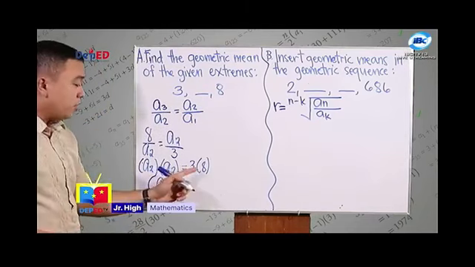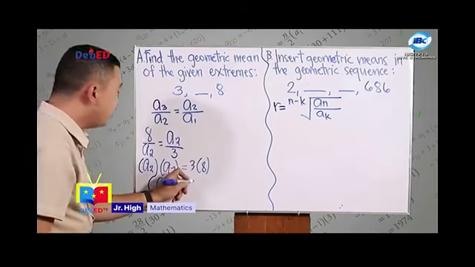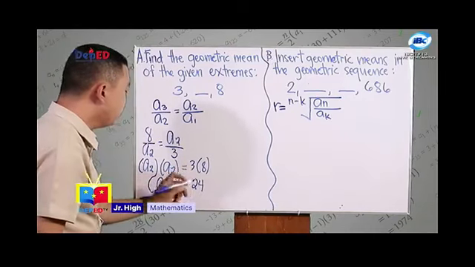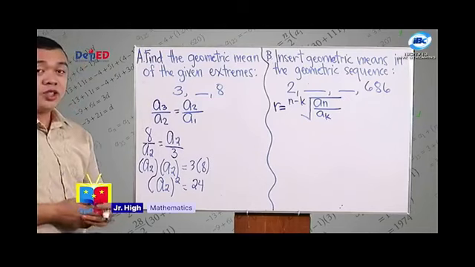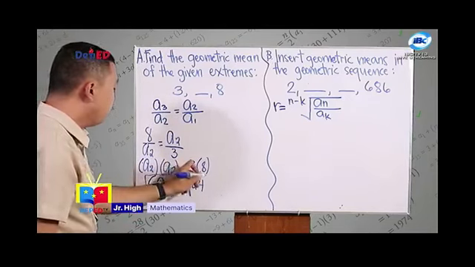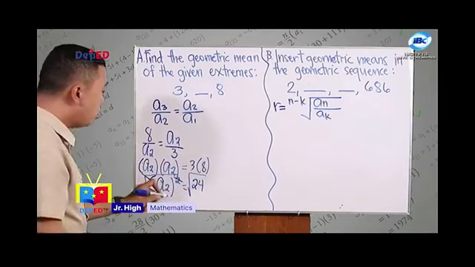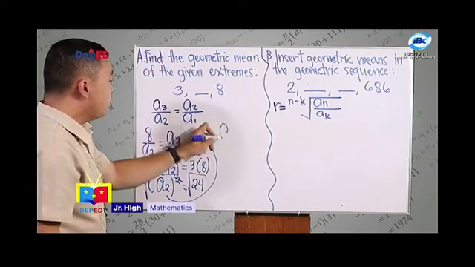And 3 times 8 will give us 24. Next, let's get the square root of both sides. What's left here is a sub 2.